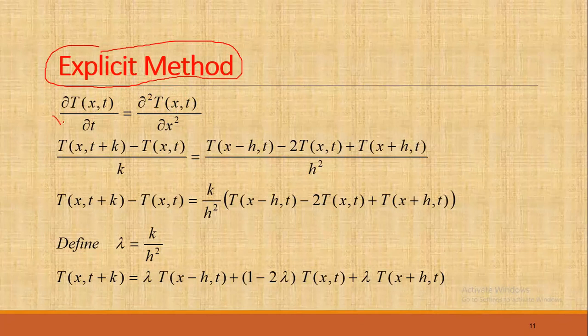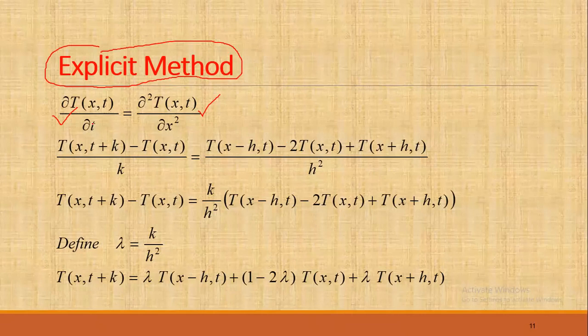On the left side, for del T by del t we use the forward time, and on the right hand side we use the central space. So the explicit method for the heat equation we call forward time and central space. The short form is FTCS.